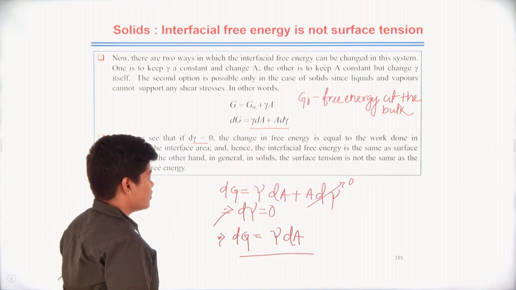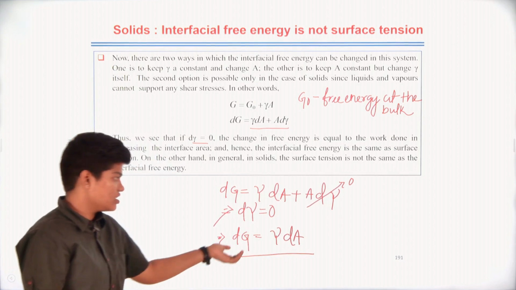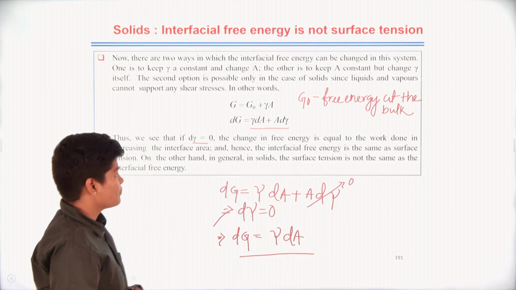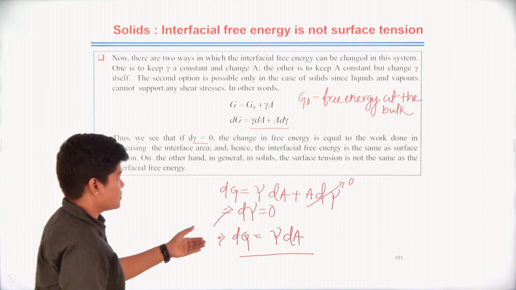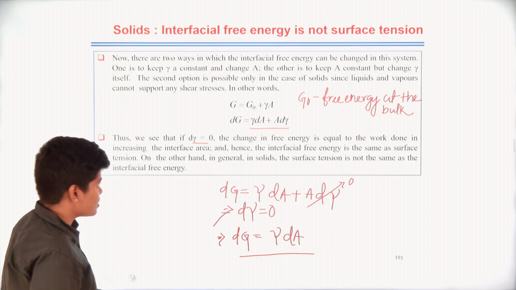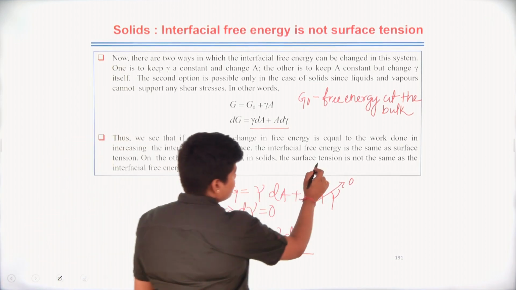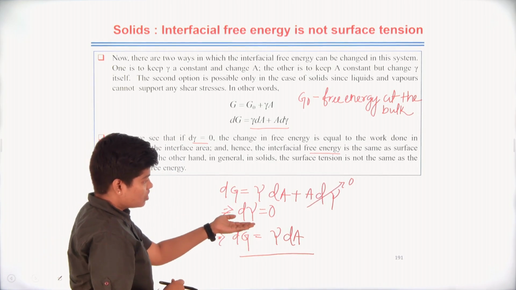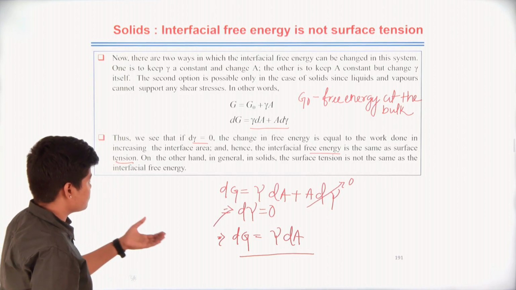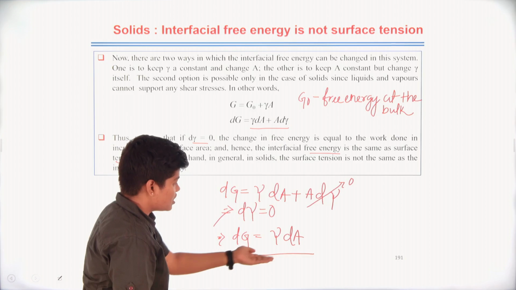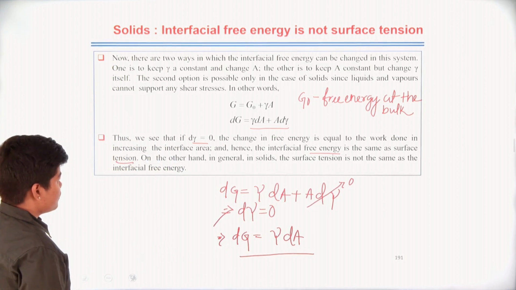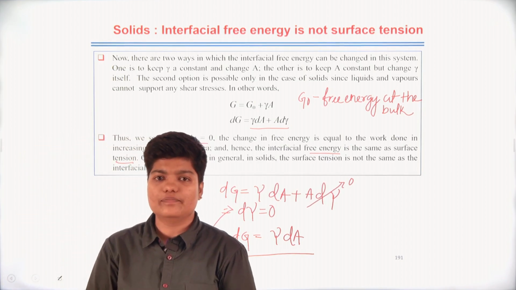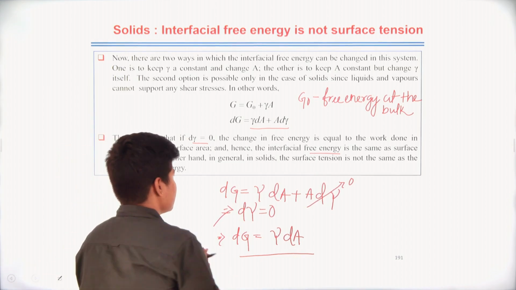That means if the interfacial energy is kept constant, and we change the area of the grain boundary, the Gibbs free energy can be changed. So we can say that the interfacial energy here is the same as the surface tension, if we take the assumption that d gamma is 0. But in the case of a solid, the surface tension is not the same as the interfacial free energy.